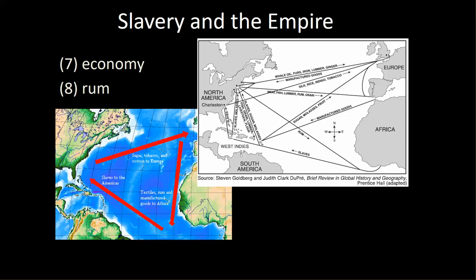Throughout the 1700s, tiny little Barbados generated more trade for the British Empire than all of their other colonies combined, all because of sugar. In the 18th century, the Caribbean is the commercial focus of the British Empire and the major producer of revenue for the crown.